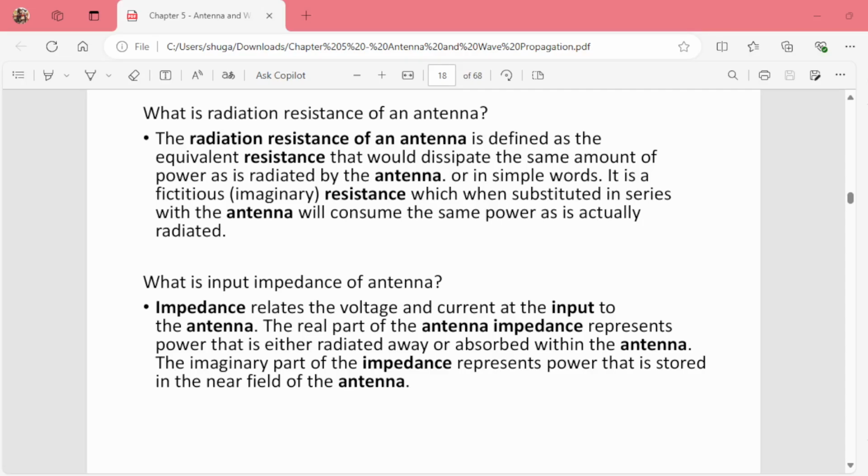So in layman's terms, imagine that your antenna is a speaker playing music. Radiation resistance is like the part of the speaker that is actually turning the electrical energy from the music into a sound wave that you can hear.